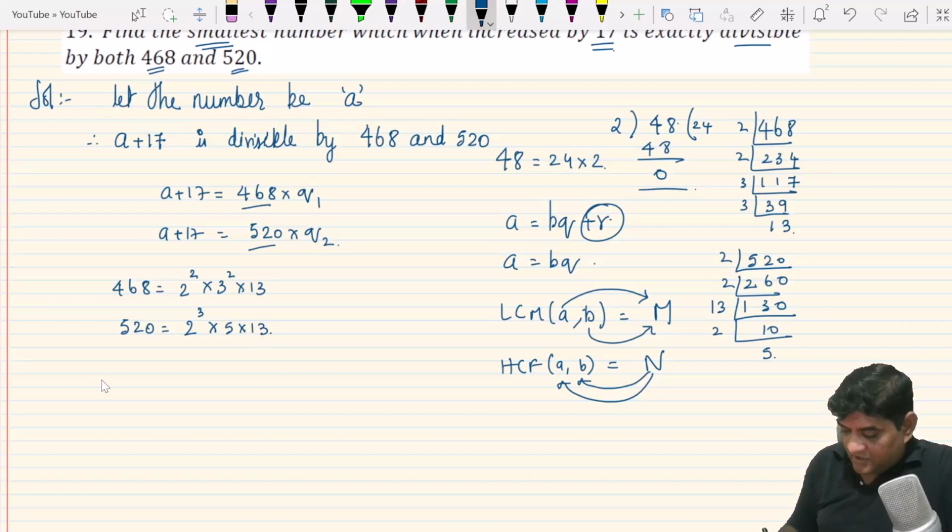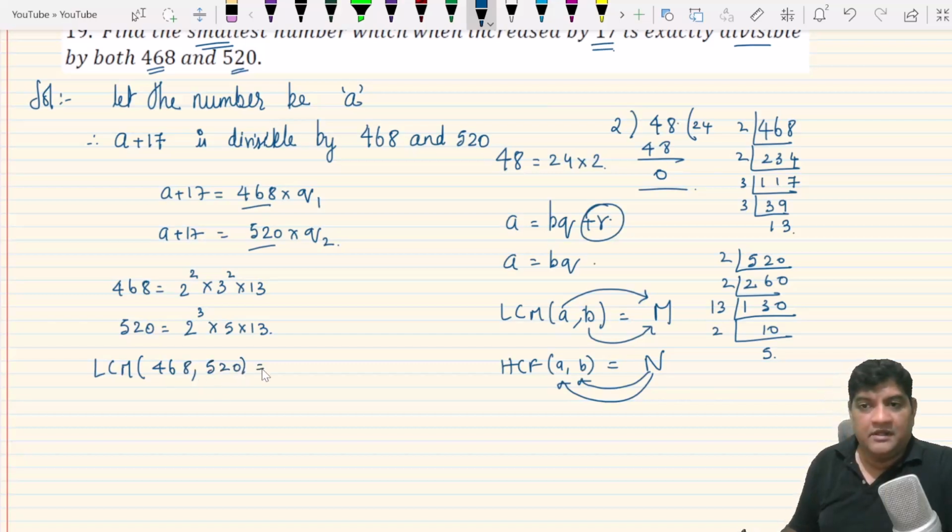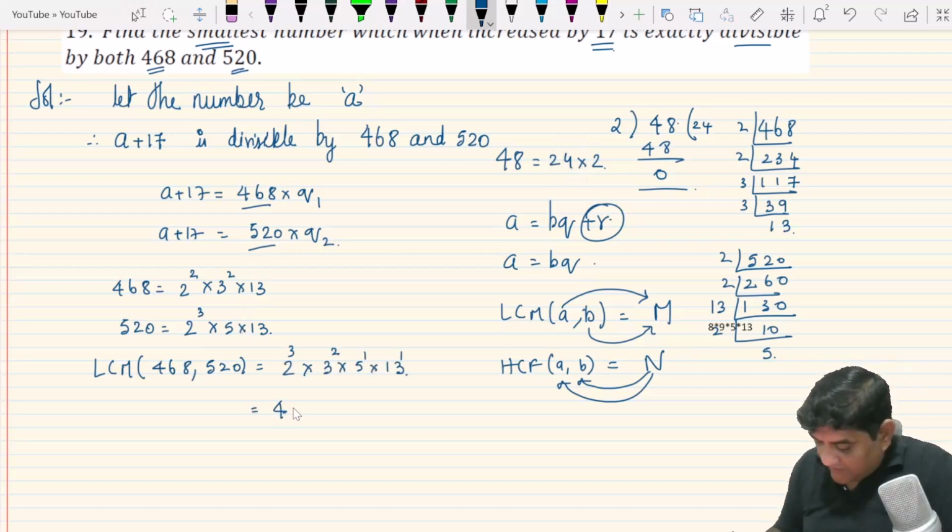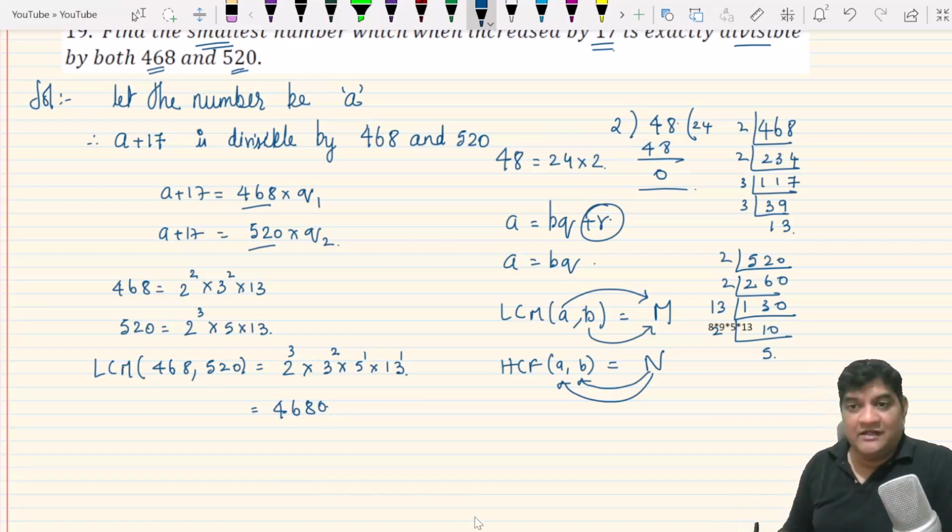So what is the LCM of 468 and 520? The LCM is all the factors. Here I'm going to pick up 2 cube, 3 square, 13 and also 5. When I multiply, I get 4680. So 4680 is that particular number which is completely divisible by 468 and 520.